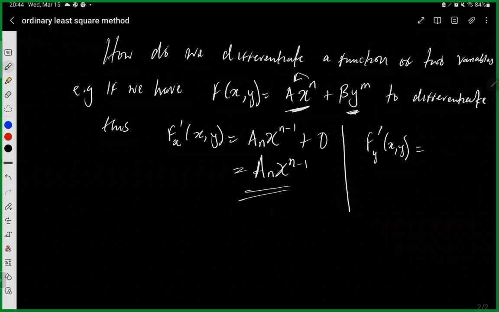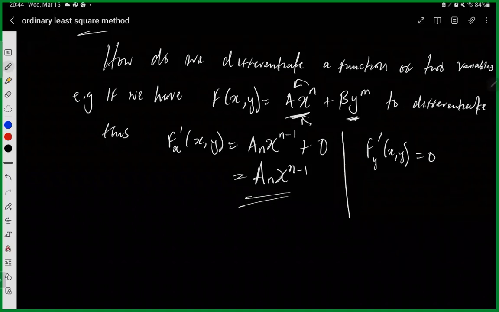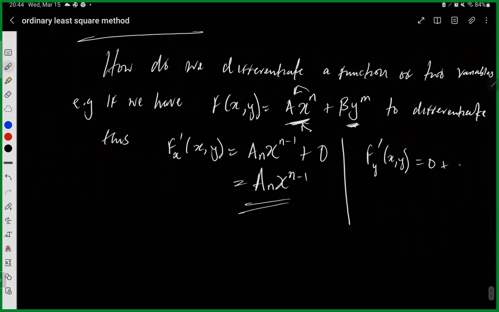The derivative of the x part becomes 0 because we've held it constant, and then we concentrate on the y part. So we have b times m, this m came from the power, and then we less the power by 1. So the derivative f y is equal to b m y to the m minus 1.